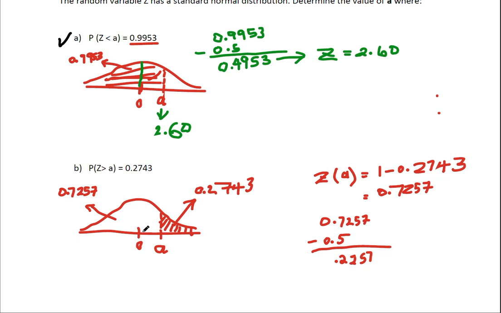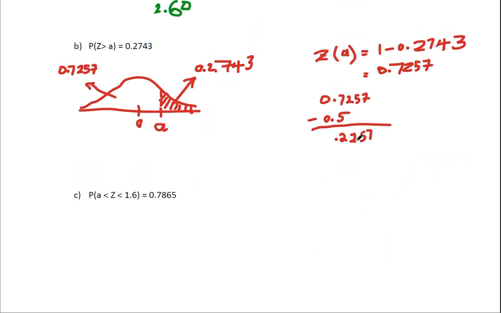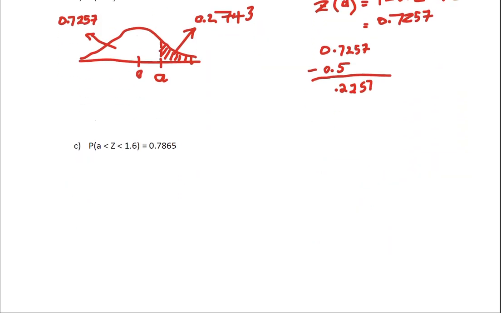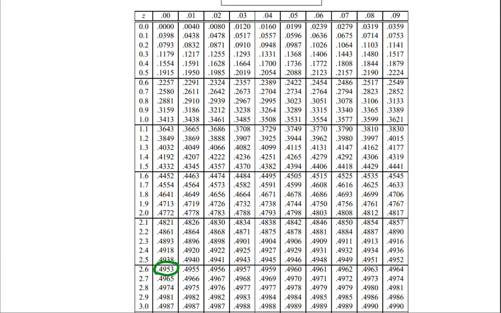Now, 0.2257 would represent our probability between 0 and A here, because the half table would account for that side fully. So what we're going to do now, guys, is go to the half table and we're looking for 0.2257. Here it is, 0.2257, which corresponds to 0.60.